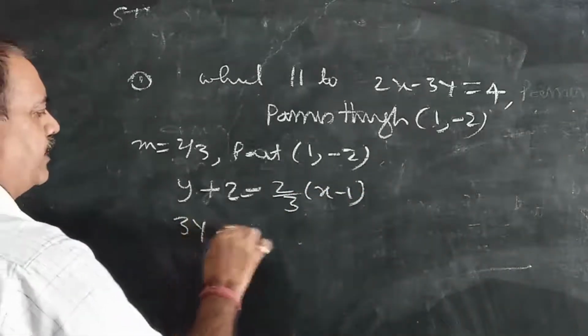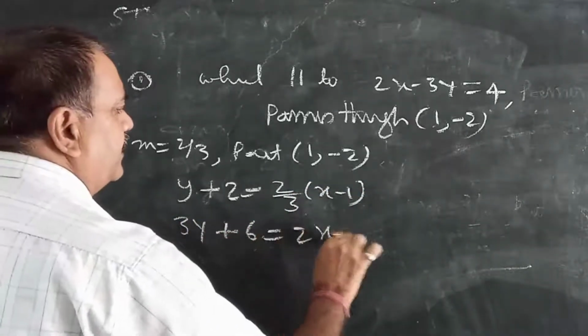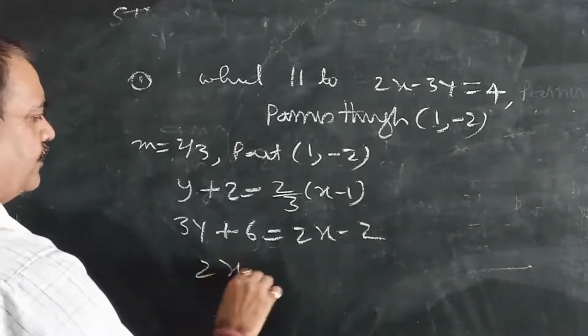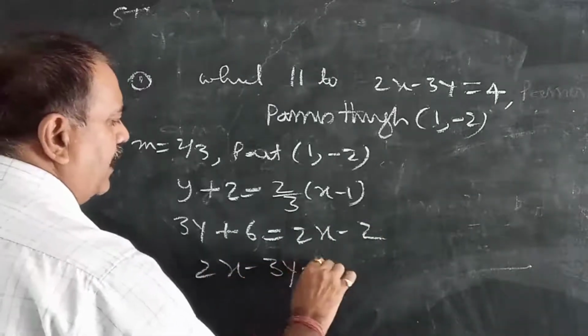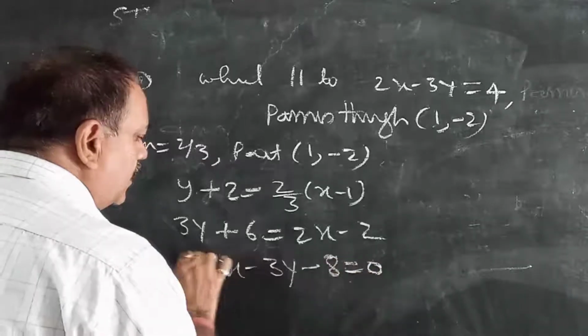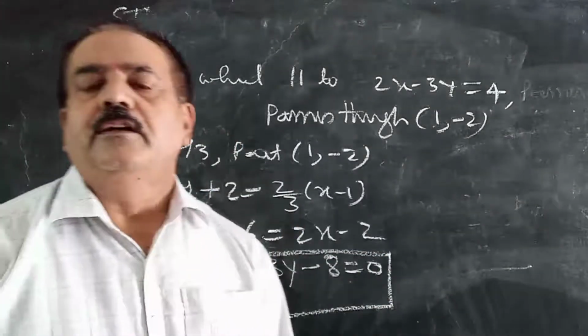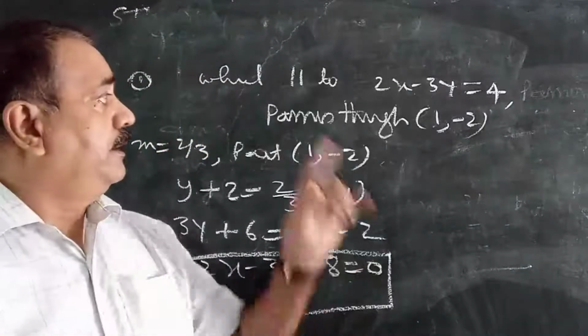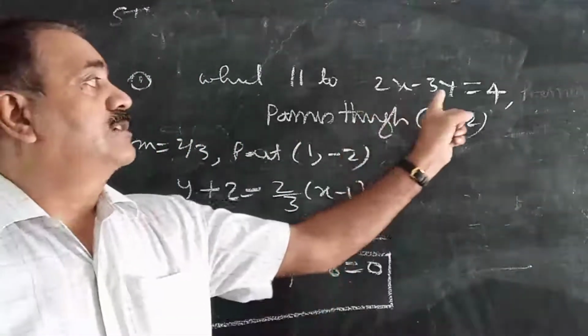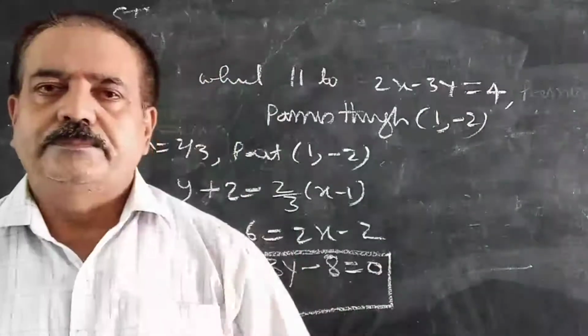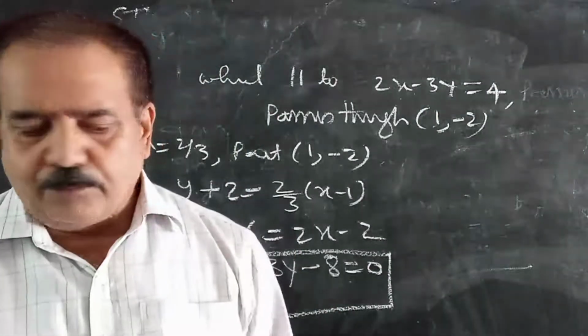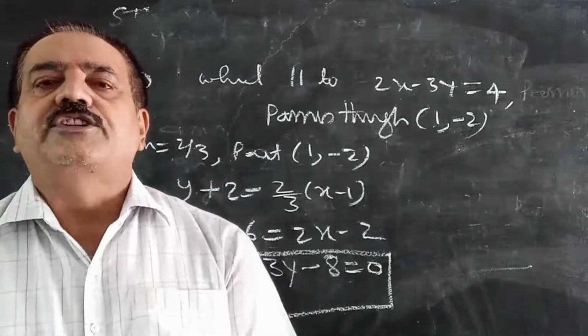So 3y plus 6 is equal to 2x minus 2. So 2x minus 3y minus 8 is equal to 0. This is the required equation of the line, which is parallel to the given line 2x minus 3y is equal to 4. Some more questions I will solve in the next video.